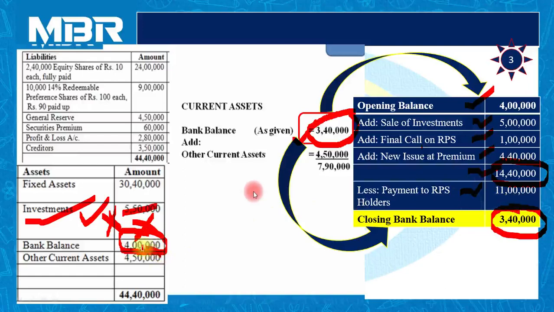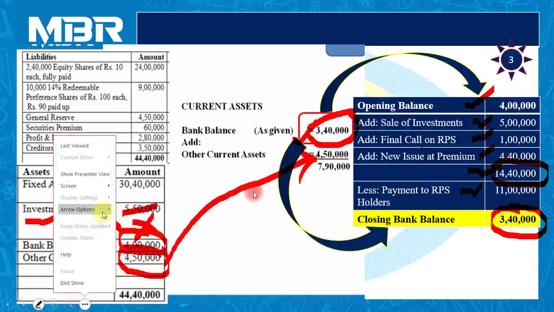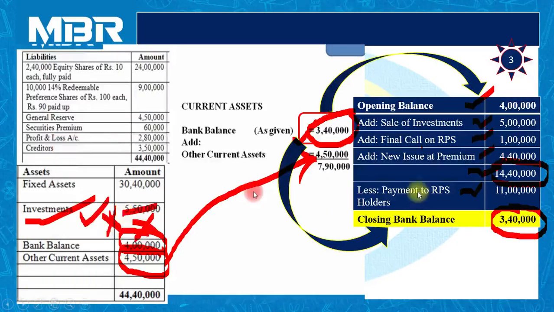Now, on the asset side of the balance sheet given in the question, we have other current assets of rupees 4 lakhs 50,000. So 3 lakhs 40,000 for bank balance, because bank balance is also a current asset, and other current assets 4 lakhs 50,000. 3 lakhs 40,000 plus 4 lakhs 50,000 is equal to 7 lakhs 90,000.